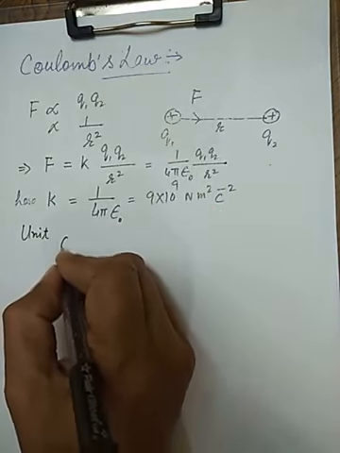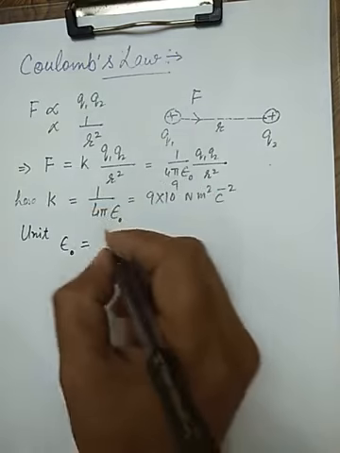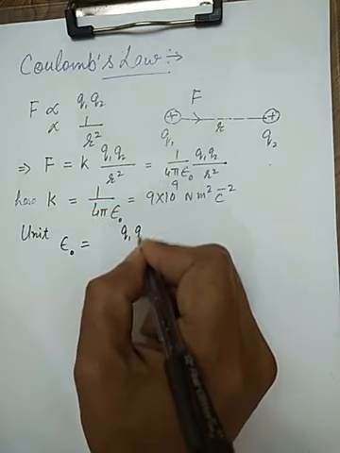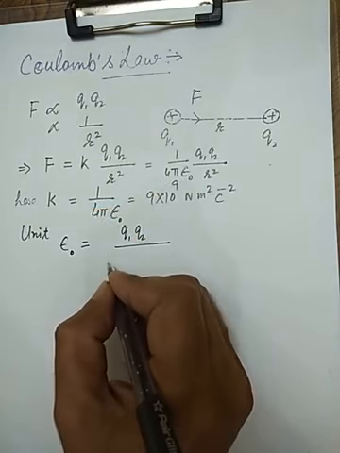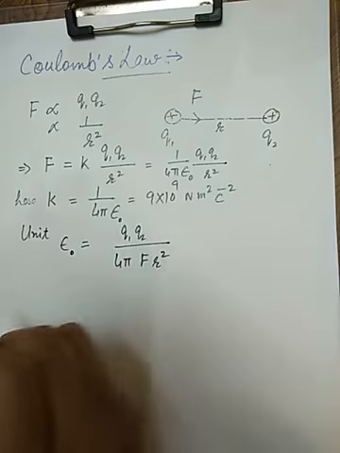Epsilon naught can be written as Q1 Q2 over 4 pi F r square.